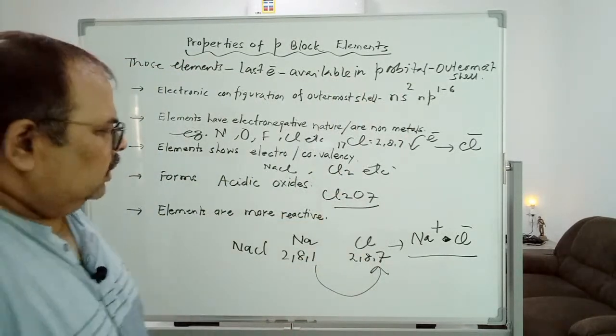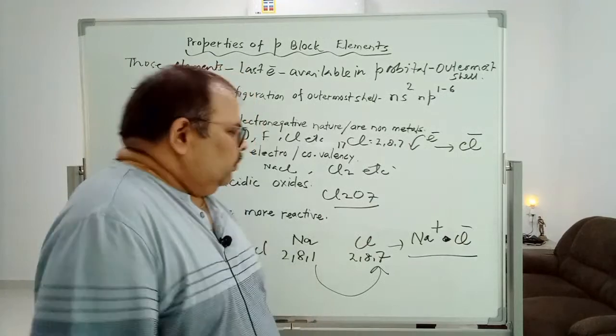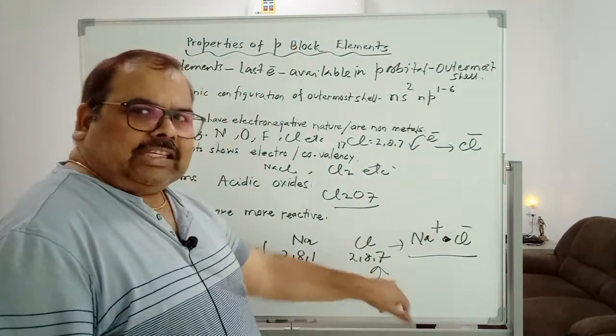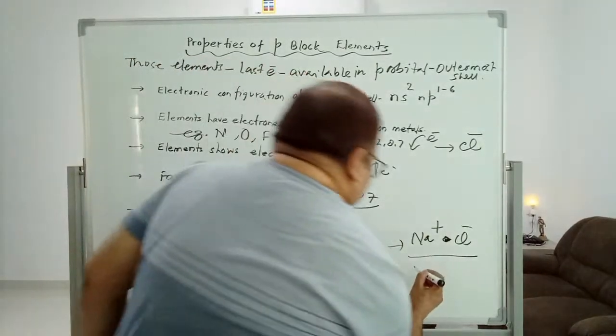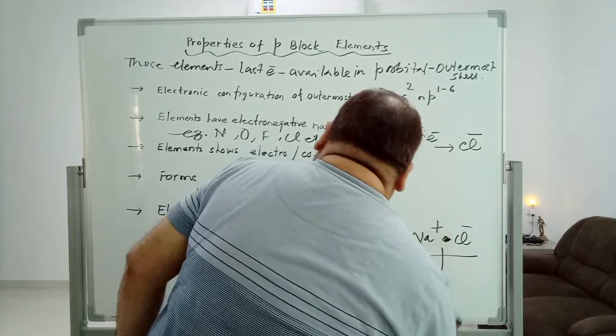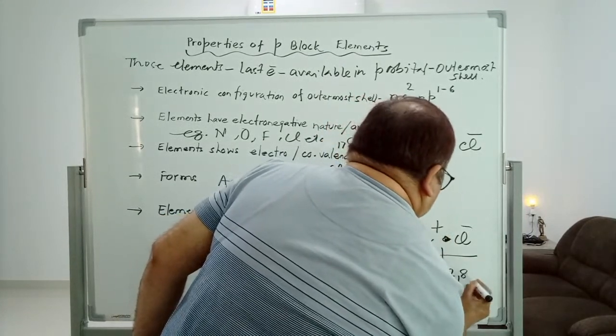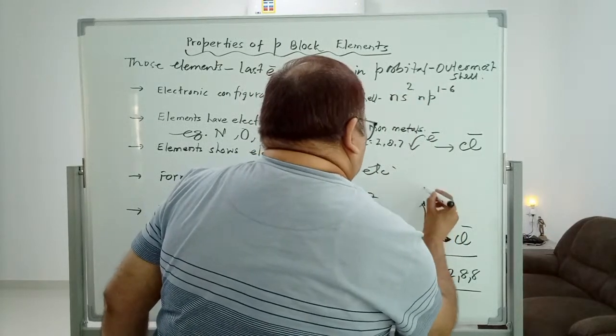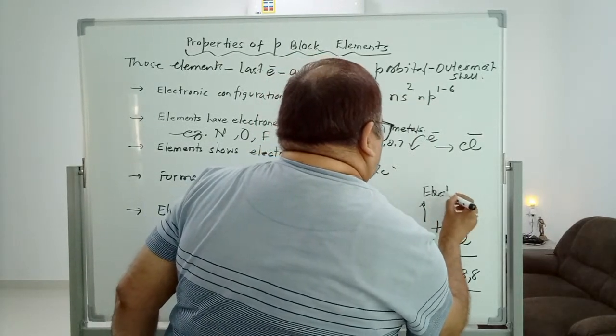The example is Na plus Cl minus. Na 2, 8, 1 loses an electron, Cl 2, 8, 7 accepts an electron. Both attain the configuration 2, 8, 8. This valency is electrovalency.